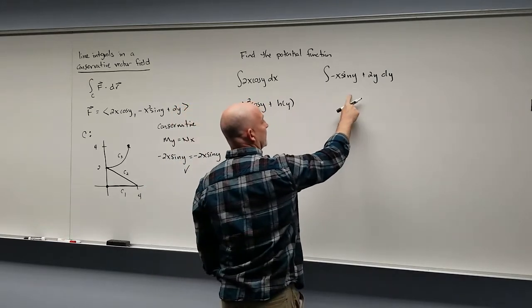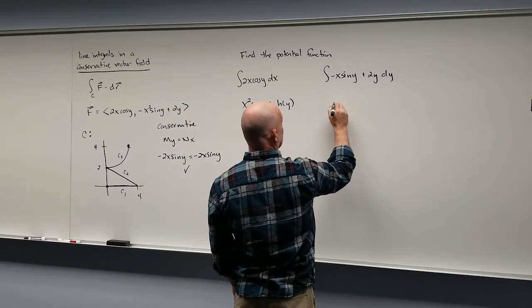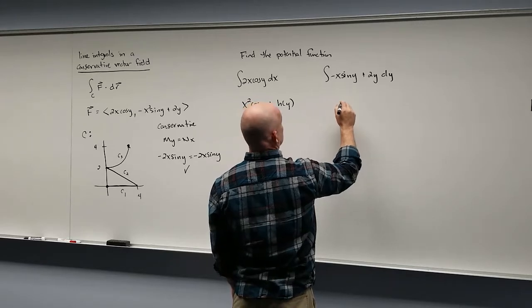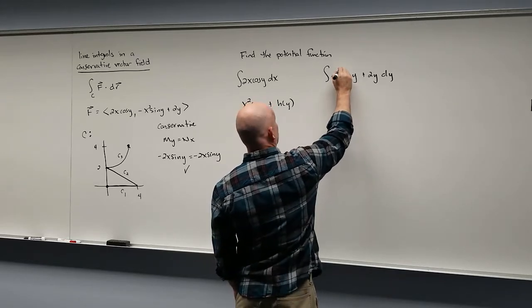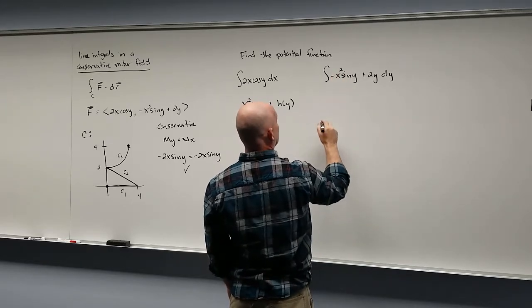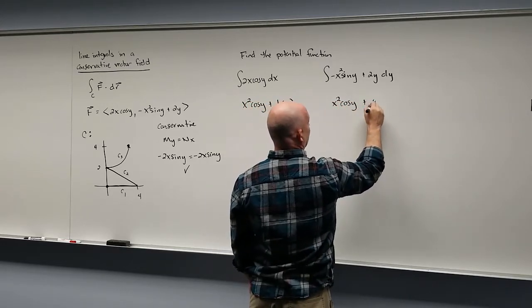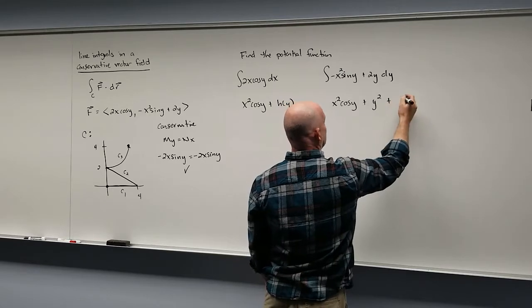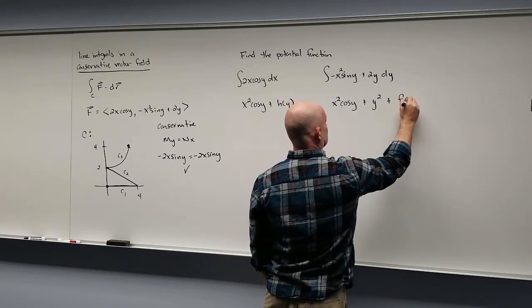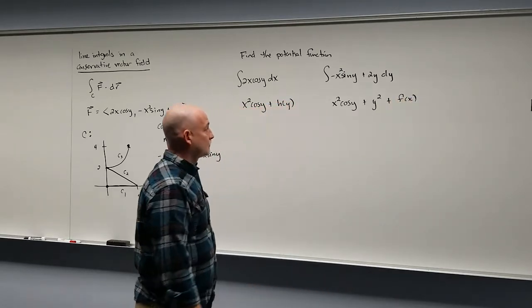Over here, if I integrate this with respect to y, oh, this is x squared. If I integrate this with respect to y, I'm going to get x squared cosine y plus y squared plus any, I don't know, function of x.